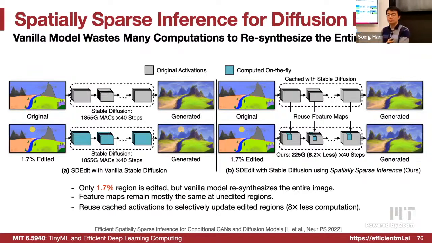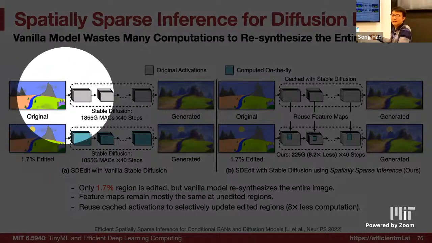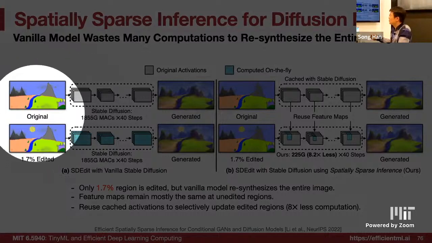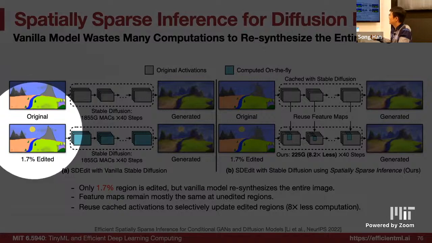The vanilla diffusion models waste many computations because we have to resynthesize the entire image, even if we only edited a very small portion of it. Say, in this case, we only edited 1.7% of the pixels. You can tell where we edited: we only added a sun right here, which occupies less than 2% of the pixels.